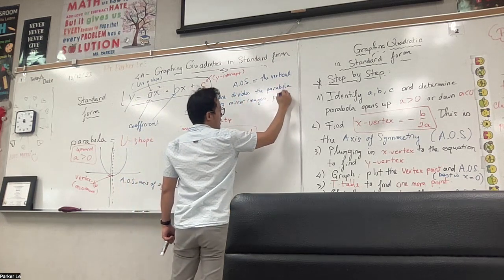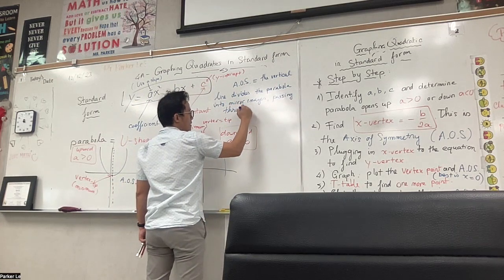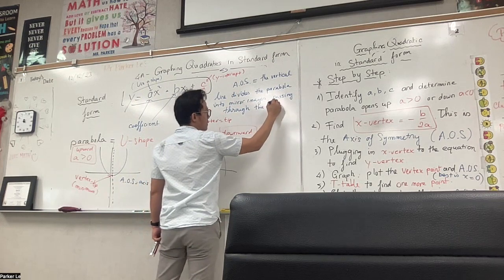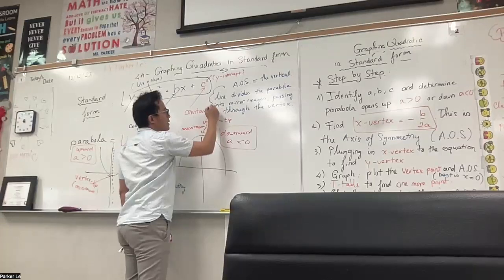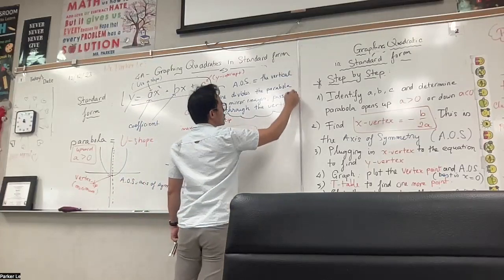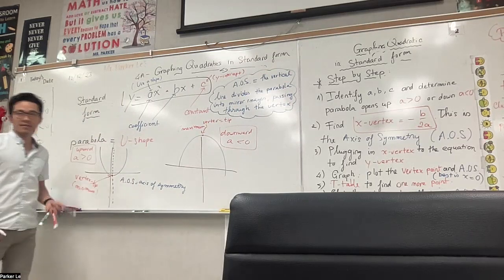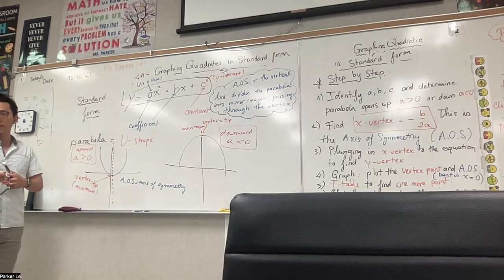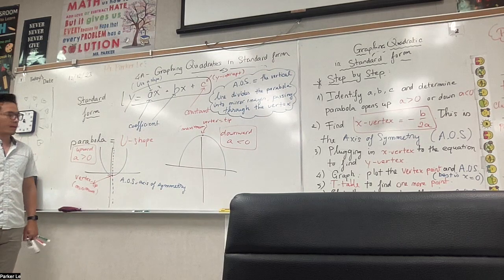And as Renee said, it passes right through the vertex. Okay. So AOS is the vertical line that divides the parabola into mirror images, and it is the line that passes through the vertex. So if you know the vertex, you can draw the AOS. Basically, that's it.